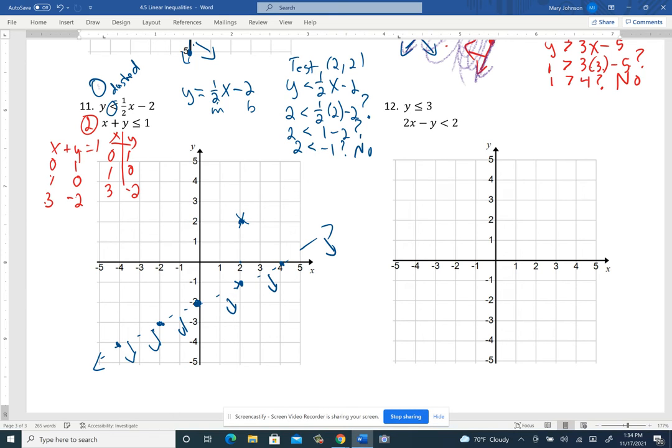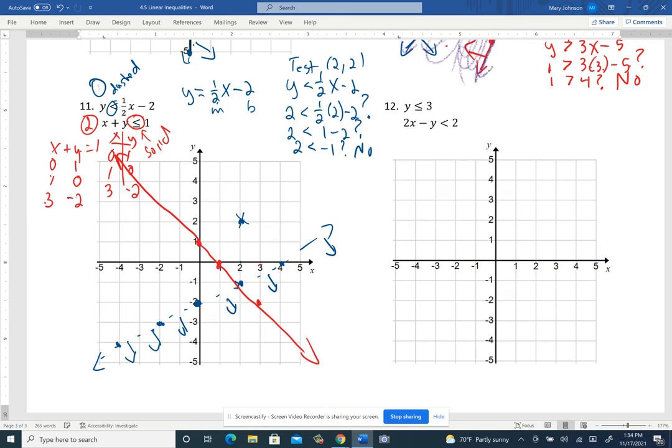So when I plot that, here's 0, 1, here's 1, 0, here's 3, -2. This one's got an or equal to on it, so it's going to be solid when I connect them. So let me get that part done.